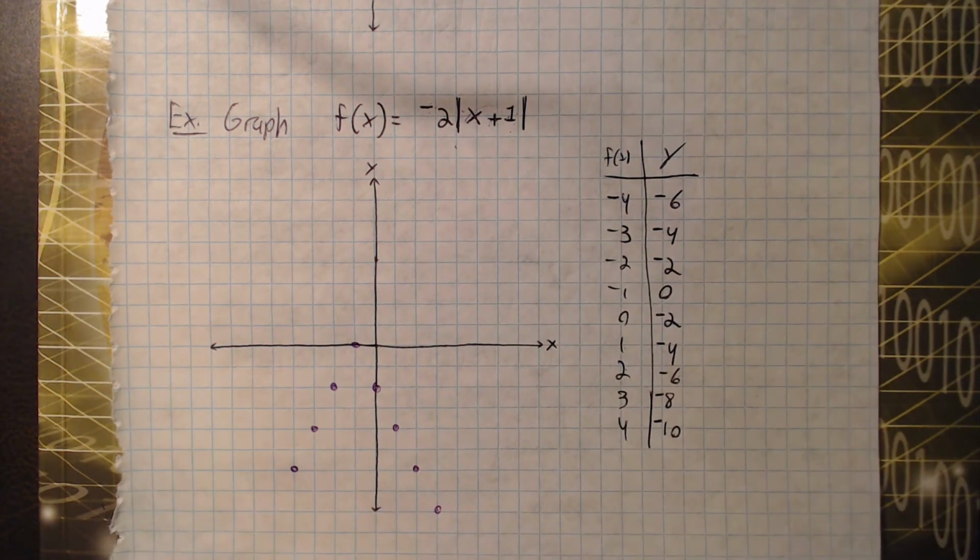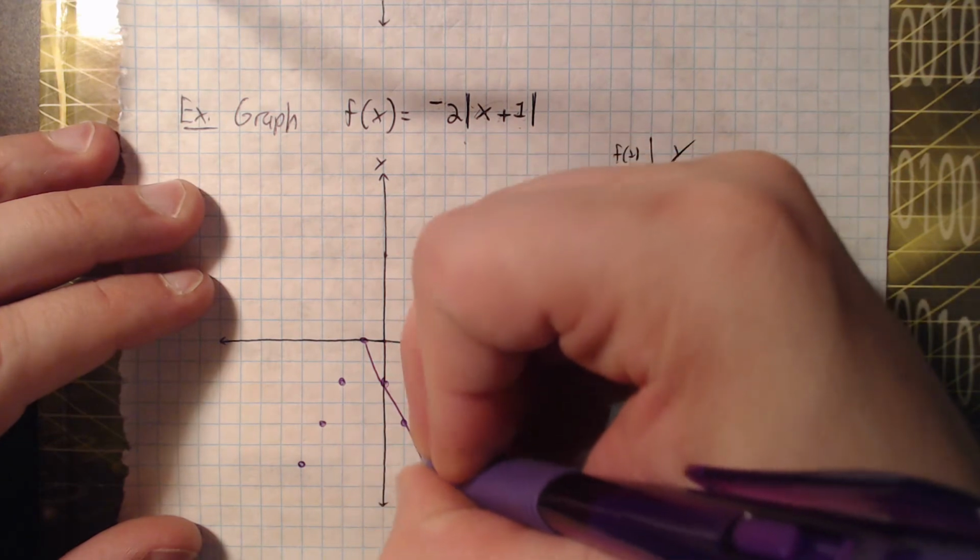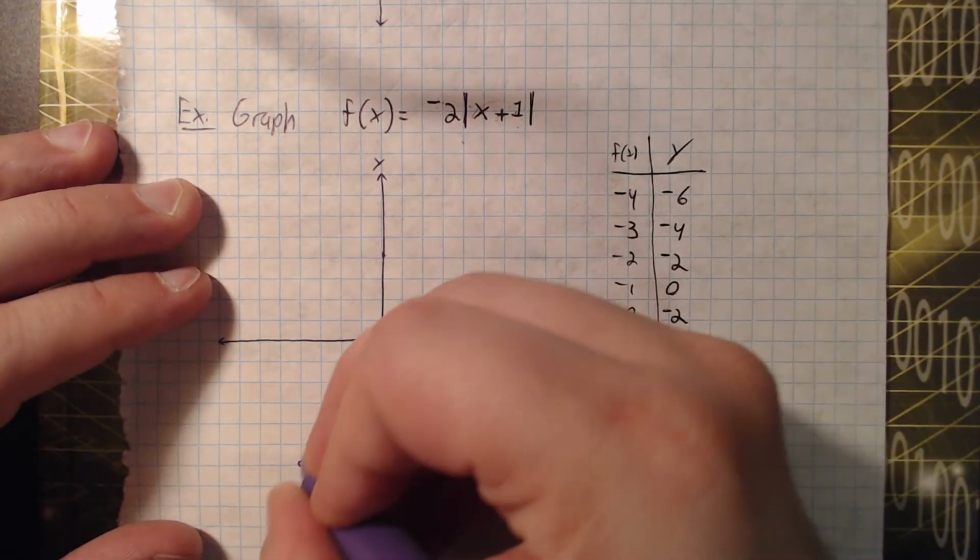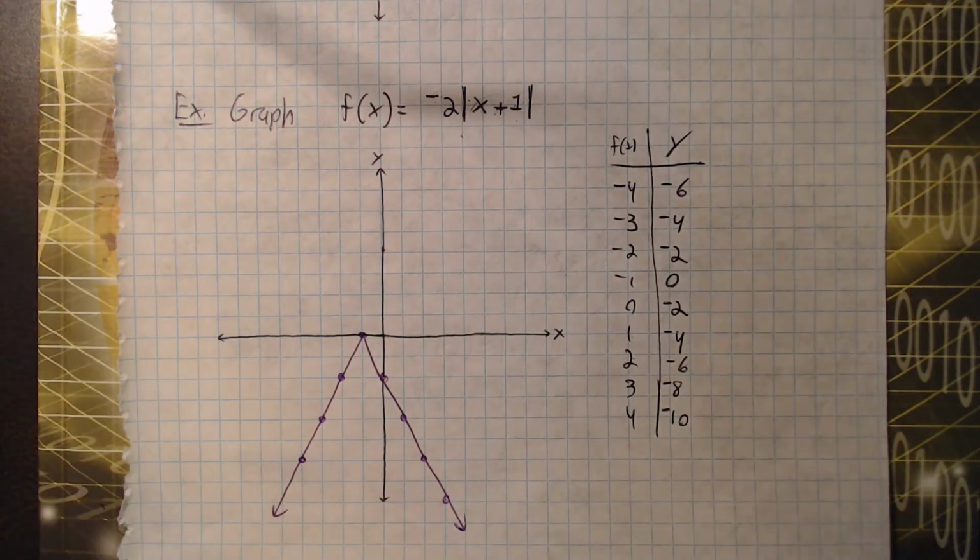I've actually run out of space on my graph. Okay, but that's the general shape. Hopefully you came up with that same graph on that problem. So that's it for absolute value functions. We will definitely go into more detail about them later on, but for right now, that's a pretty good look at them.